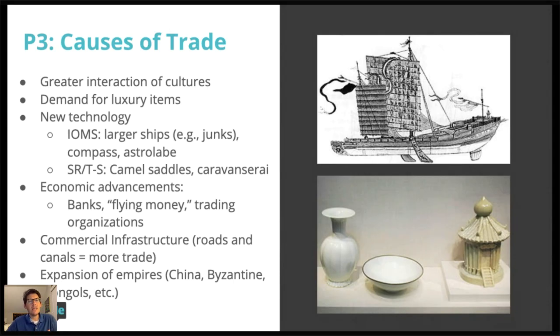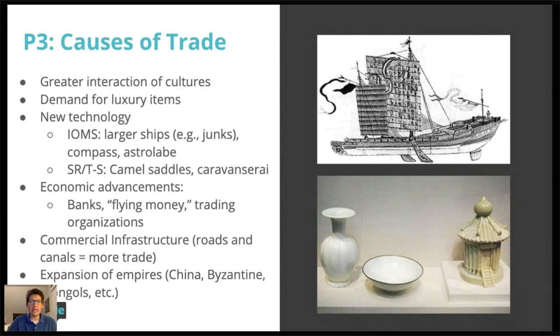For example, we see the development of banks. We see the development of paper money, especially among the Chinese, and that spreads along our trade networks. We see trading organizations. One thing that I don't really highlight here is that trade also happens in Northern Europe, and the Hanseatic League comes into being, where Northern European cities work together to support trade between them.